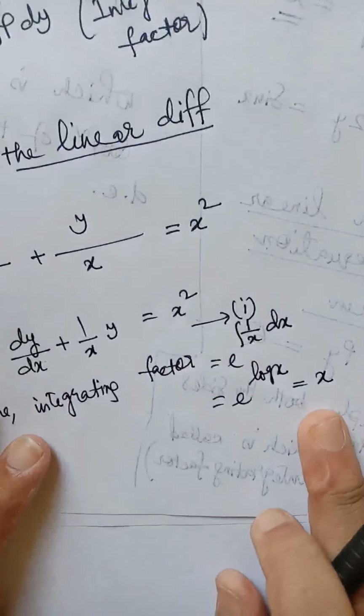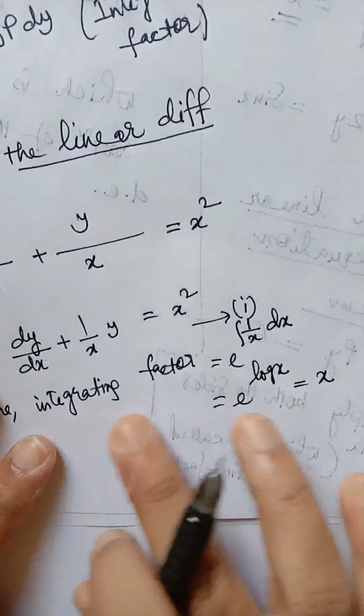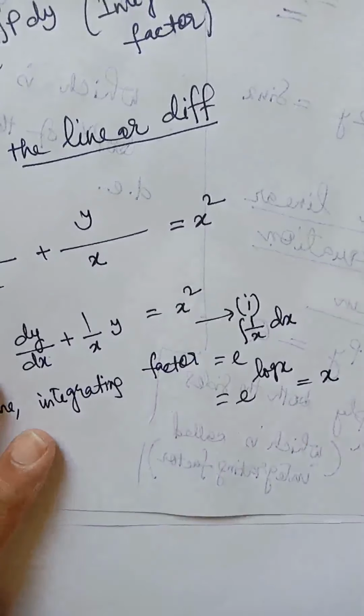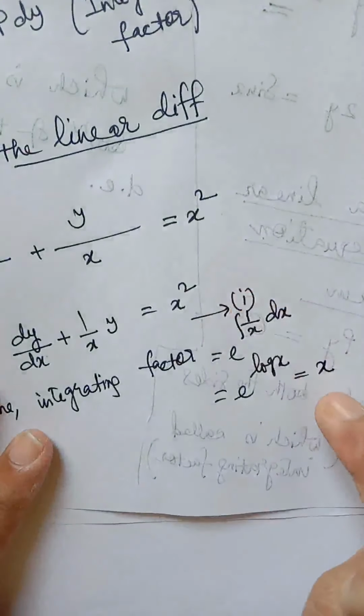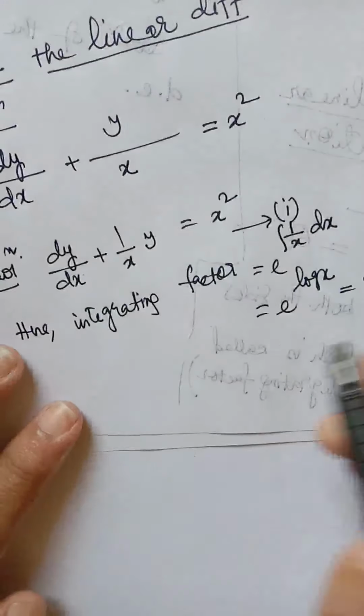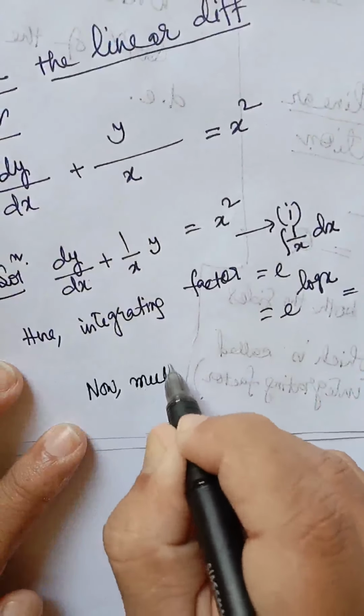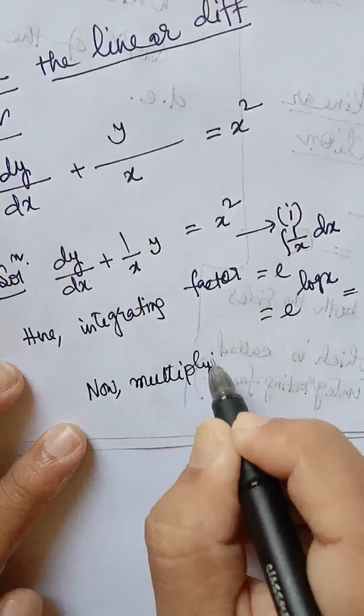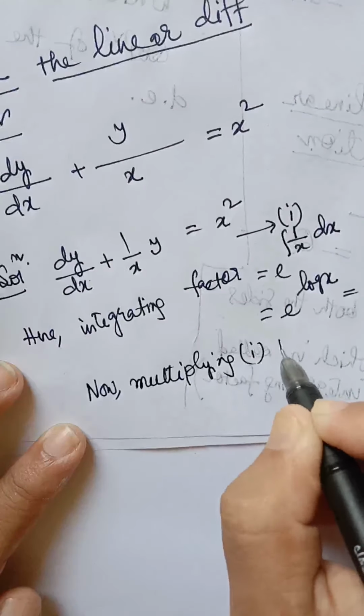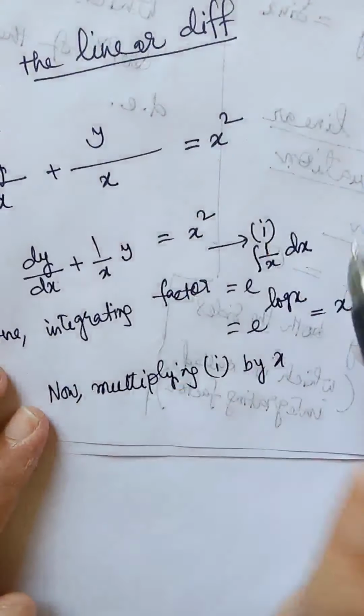So this is x. This is our integrating factor. Now we will multiply equation 1 by the integrating factor.